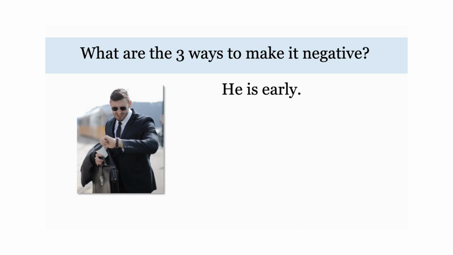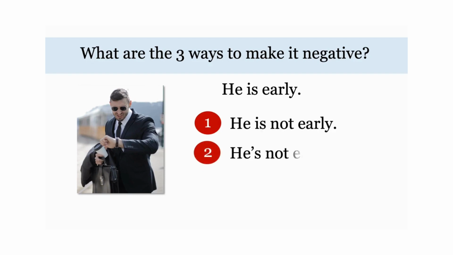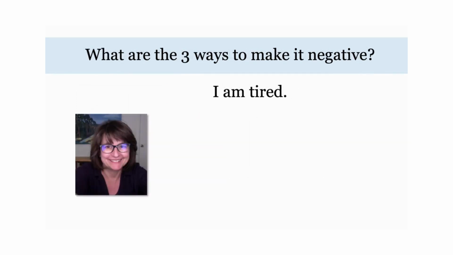Okay, what are the 3 ways to make this sentence negative? He is early. I don't think so. 1. He is not early. 2. He's not early. 3. He isn't early. Okay? One more. What are the 3 ways to make it negative?